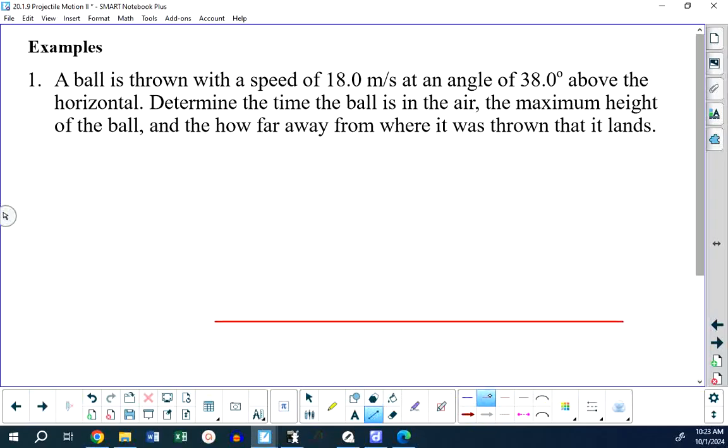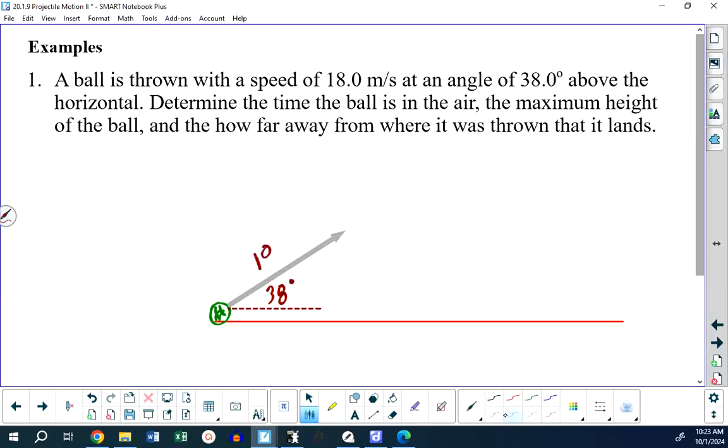So what's happening here is the object starts here. It's launched at an angle of 38 degrees at 18 meters per second.